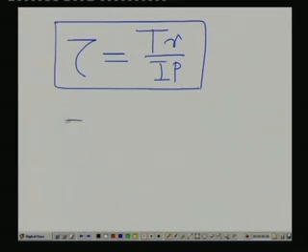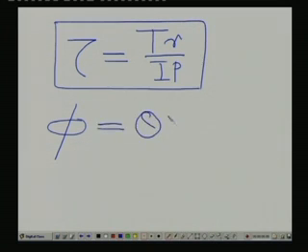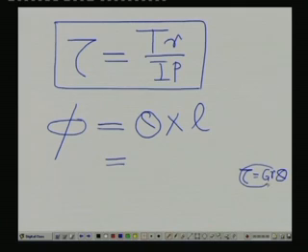Now, again a question comes: what is the total angle of twist phi? This equals theta multiplied by L. What is theta? We have found theta again from the same expression, tau equals G r theta. So, we can find this theta and then replace it by tau.